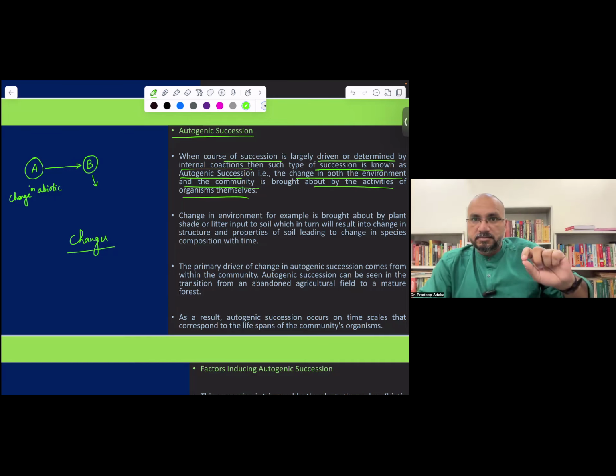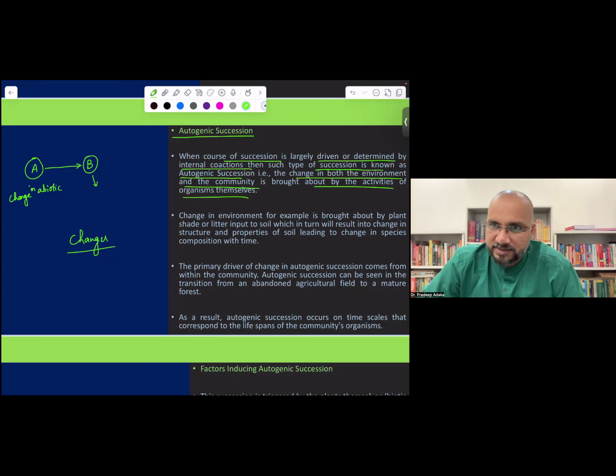So, right, जो environment में change आ रहा है, abiotic conditions में soil में जो change आ रहा है, ये community की वजह से आ रहा है, internal factors, because of the coaction or the effect of communities on the environment. Community की वजह से ये changes आ रहे हैं, बाहर से कुछ नहीं आ रहा है. Everything is happening because of the communities that are growing and interacting with the abiotic factors.